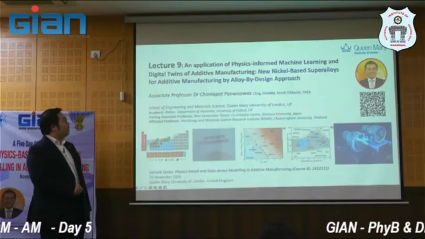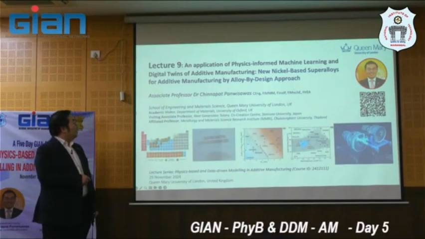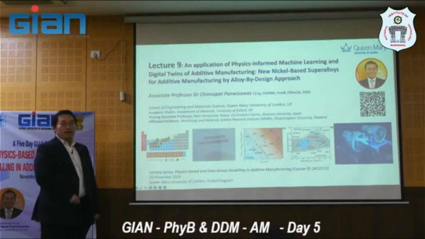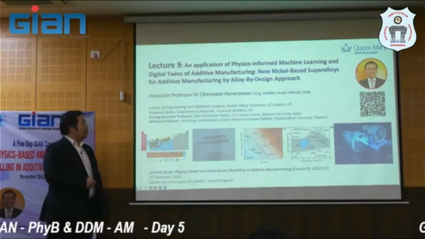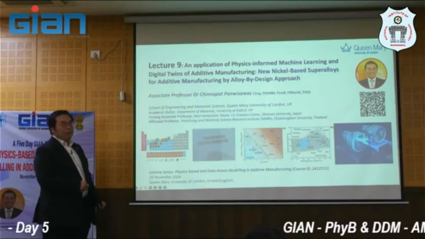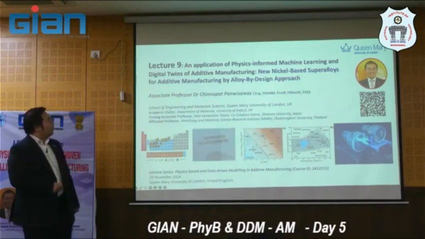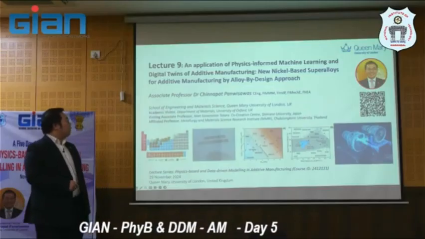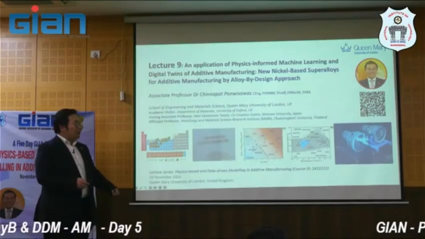And then, as I promised yesterday, it's more about the data-driven or machine learning based example that we apply to design a new material that I show you, actually nickel and also titanium a little bit by alloy design. But before that, I want to talk a little bit about what is a digital twin and what is the use for additive manufacturing.